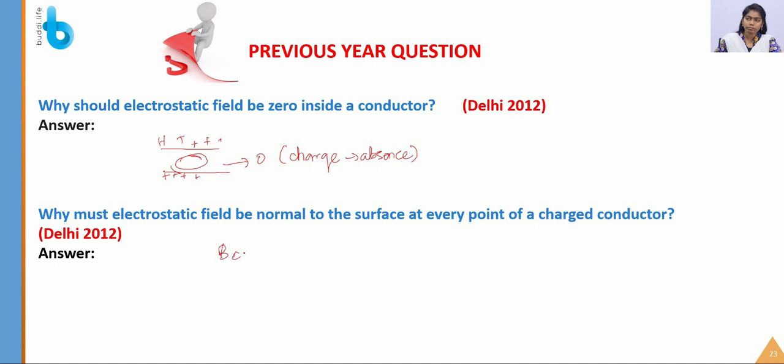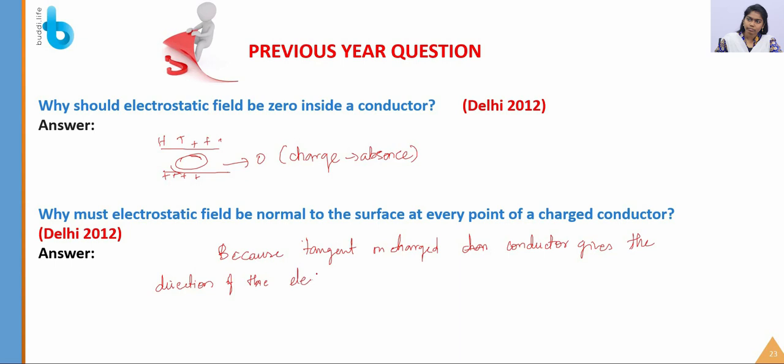Because the tangent on the charged conductor gives the direction of the electric field at that point.